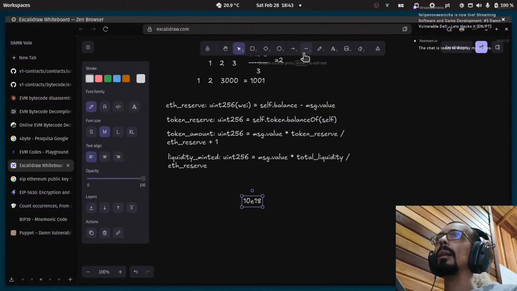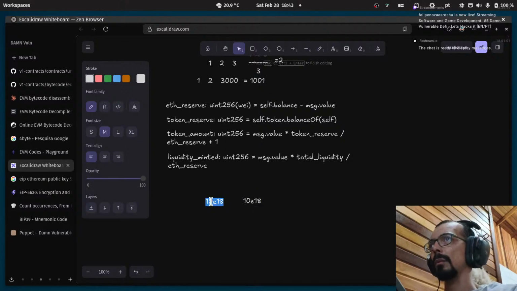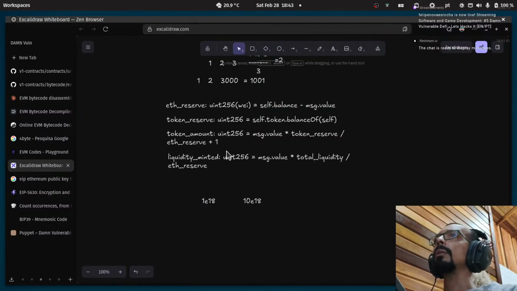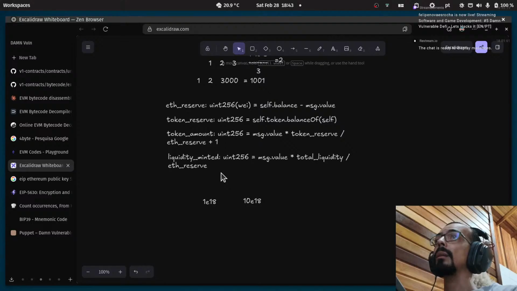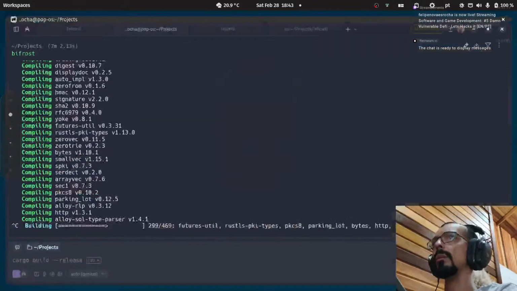So let's say we're going to add 1. If I'm adding 1 Ethereum to these, they need to mint. I think they're going to mint some tokens, right? Some unit tokens.